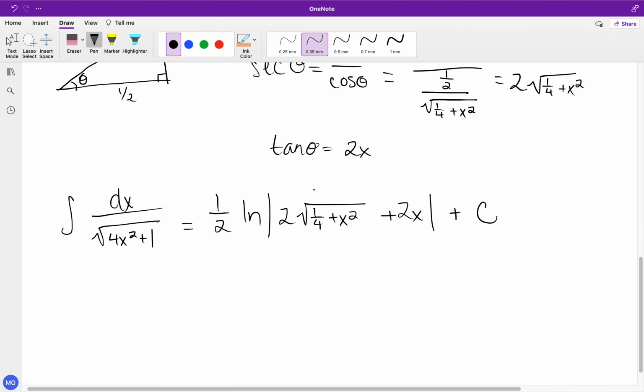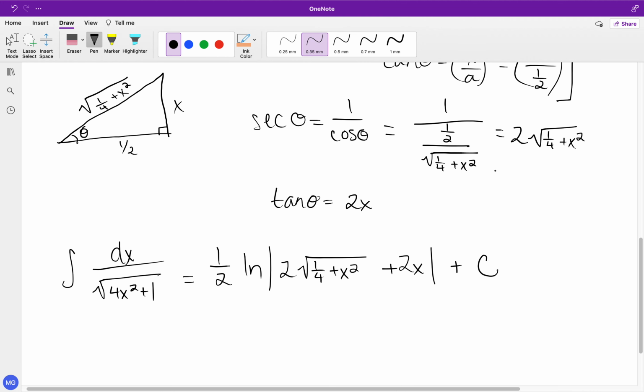And what we did was substitute this for our secant on the bottom and our 2x for our tangent here. And that's our answer.